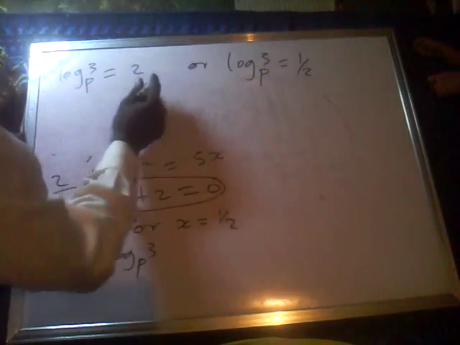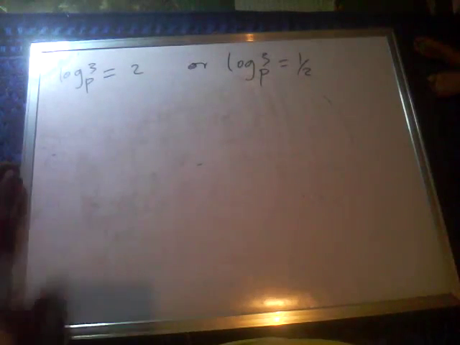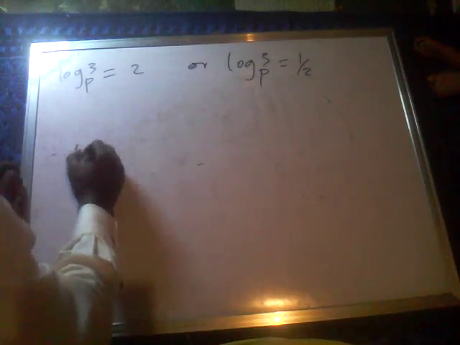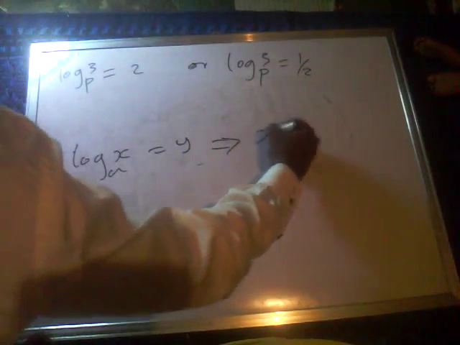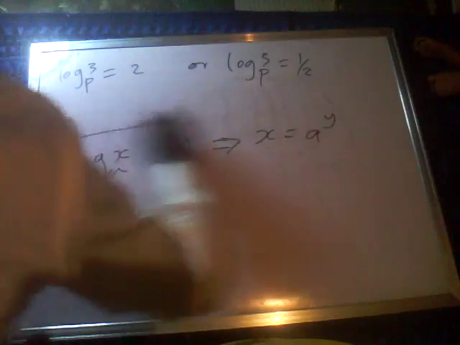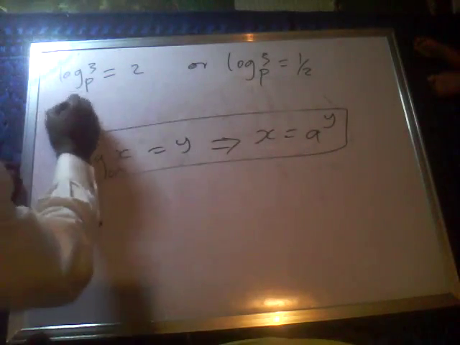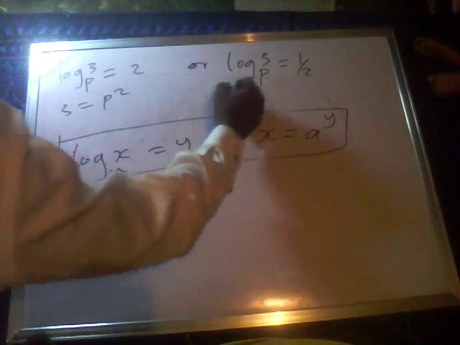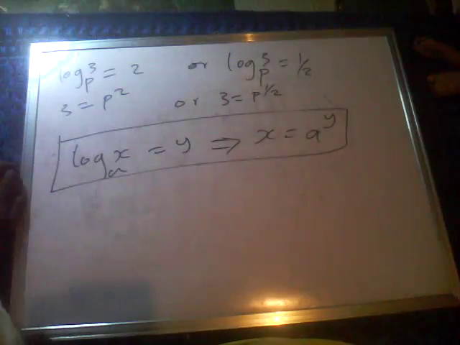From the law of logarithm that stipulates that log x to base a equals y implies that x equals a raised to power y, we apply that here. That means 3 will be equal to p raised to power 2, or 3 will be equal to p raised to power 1 over 2.